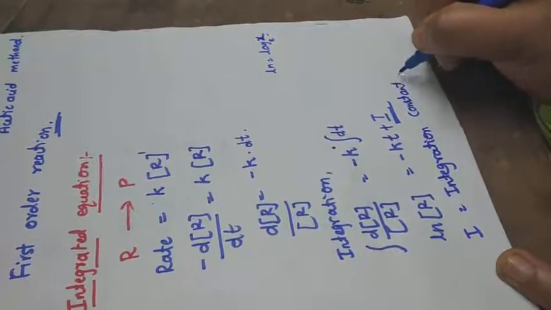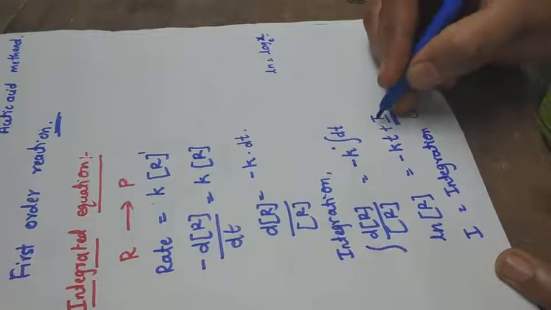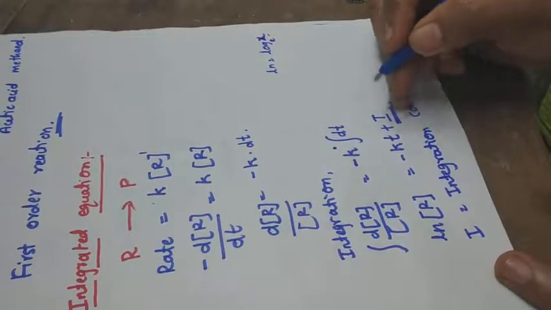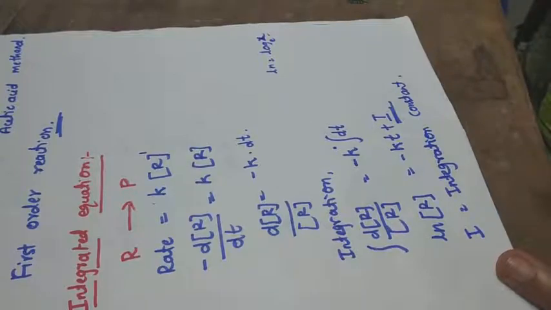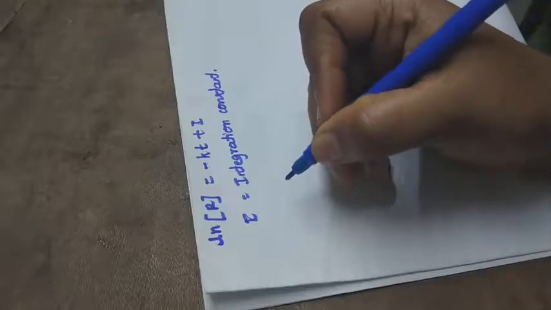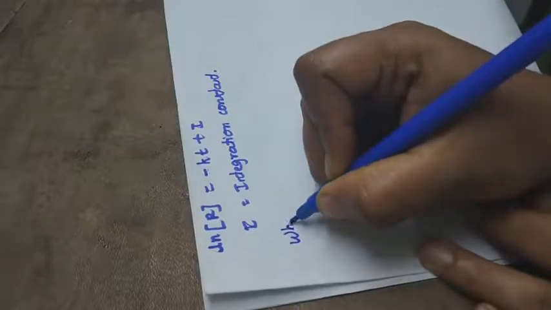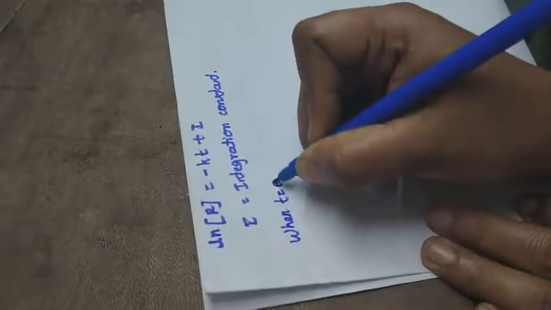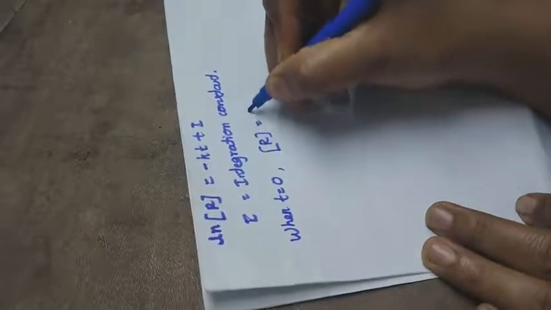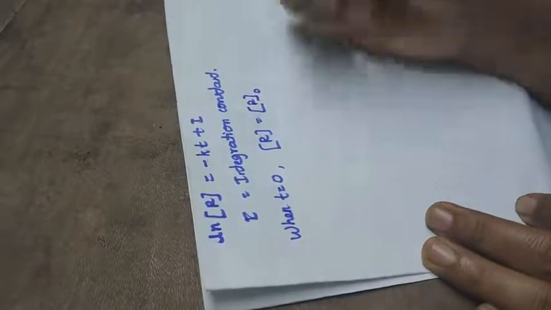Integration constant. Okay, so now we have to find the value of I. How to find the value of I? So by taking the initial concentration. When t equal to 0, R, the molar concentration of reactant, equals R naught.